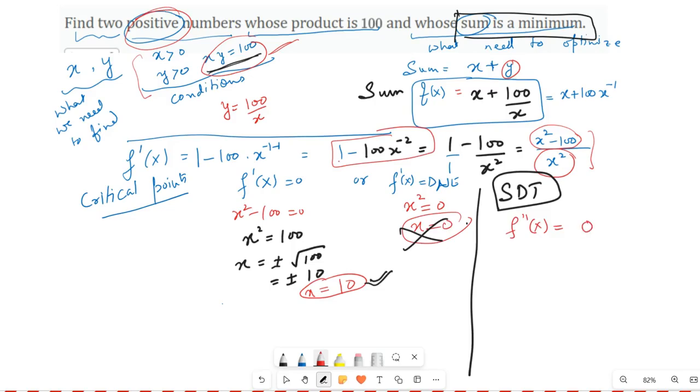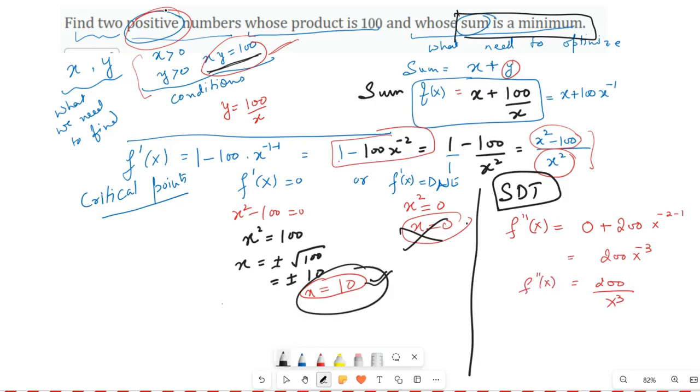Derivative of 1 is 0, minus 100 times negative 2 will become 200 x to the power negative 2 minus 1. Basically 200 times x to the power negative 3, 200 by x cube. That is my second derivative.